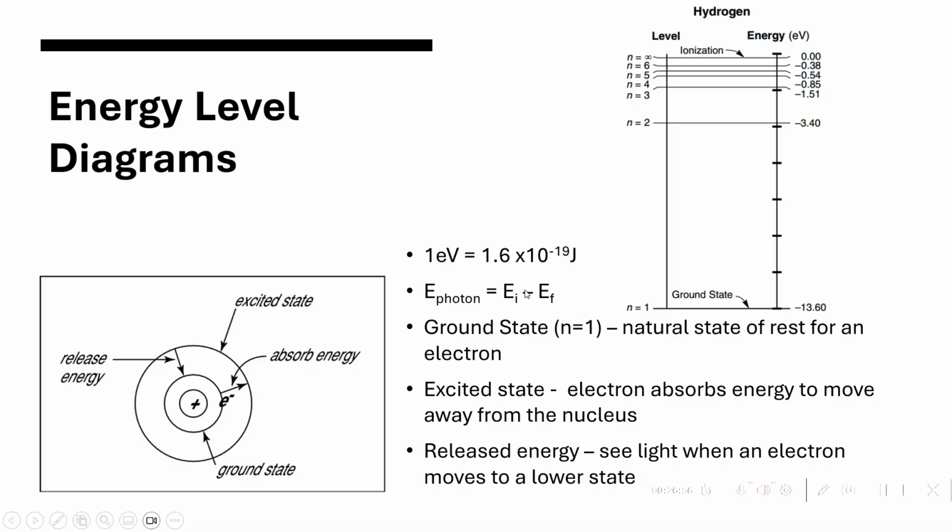And you just got to subtract. But be careful of this: you're going to be subtracting a negative, so you're minusing a negative number. Be careful how you put that in. And then when you want to convert electron volts to joules, you just multiply whatever you get times 1.6 times 10 to the negative 19th, and that converts it to joules.